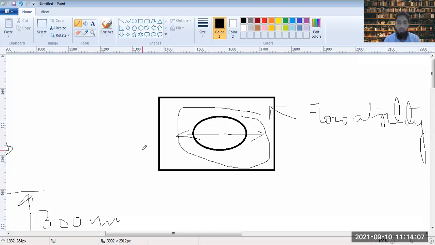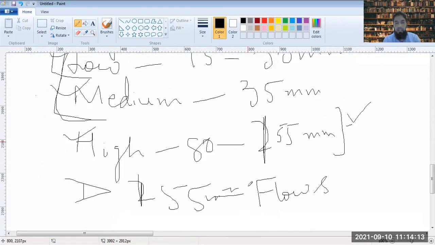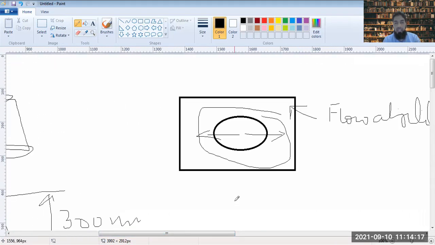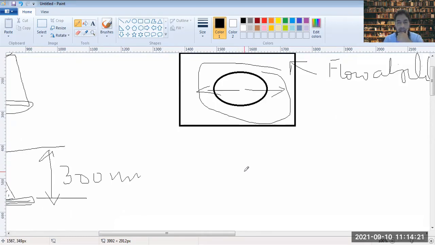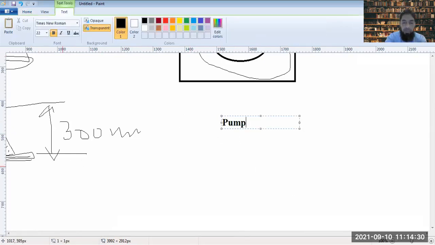Now, where do we go for such large slump values, like above 155, even 200? We usually go for slump values of that high amount. Where do we go for that? It's in the case of structures where pumping concrete is used. That's one.